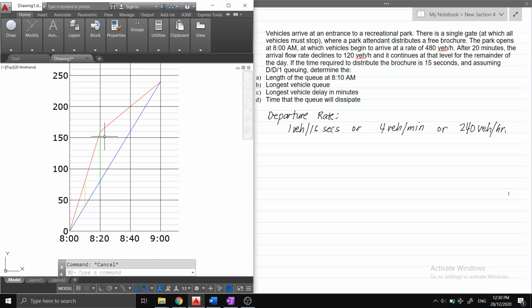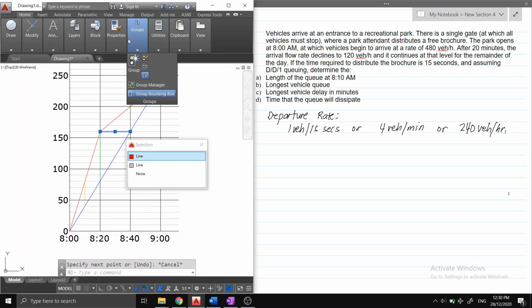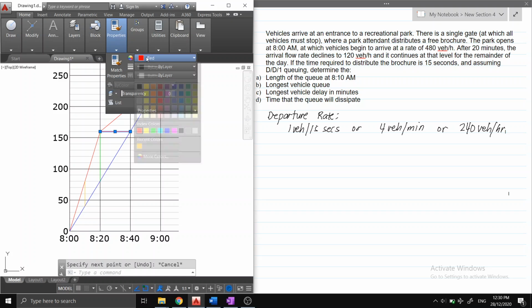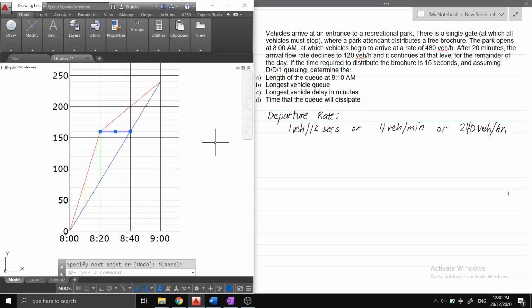So, by inspection, ang pinakamalayo is nandito. Gawin natin magenta. So, longest vehicle delay is equal to 840 minus 820. So, that is equal to 20 minutes.